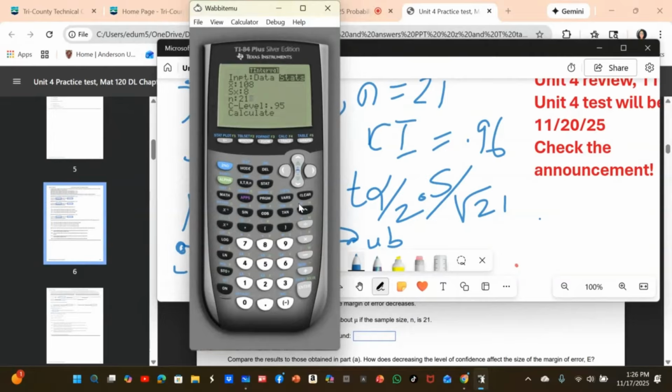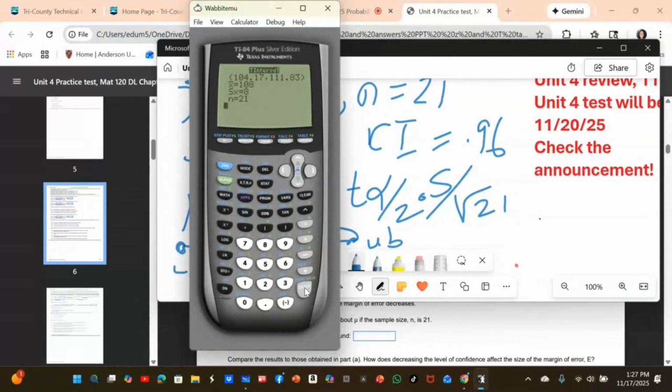So that's all that I'm given, but I'm also given the confidence level of 0.96. You cannot put it in percent, you must write it in decimal. So I'm going to calculate the confidence interval with all the things given to me.